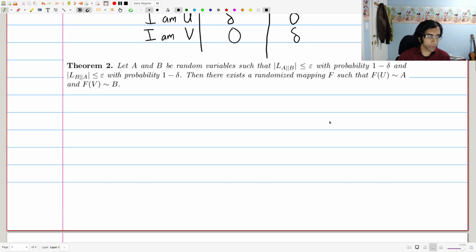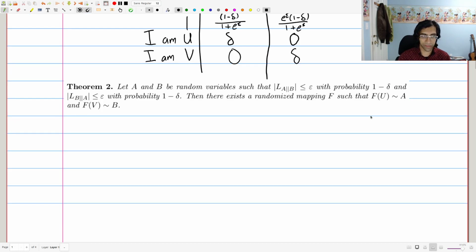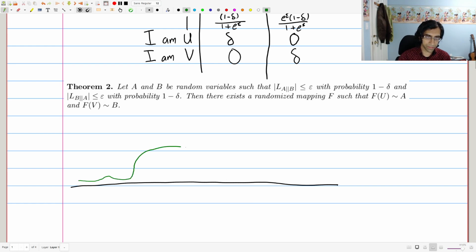I'll maybe show you a picture of roughly how it follows. Imagine this is the domain, and we have two distributions. One distribution looks something like this, and like this.